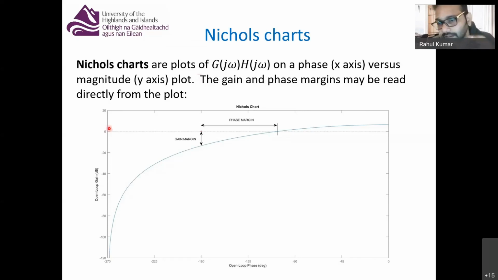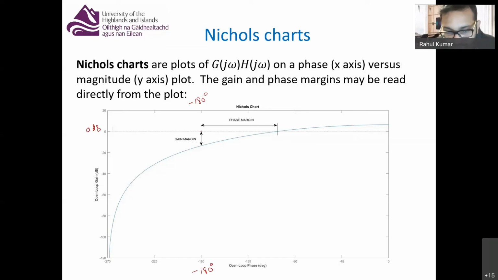Now it's quite simple to find the gain and the phase margin in this. So this is your 0 dB, I will write it down. This is 0 dB and this is minus 180 degrees, and the corresponding value on the top is here, minus 180 degrees.